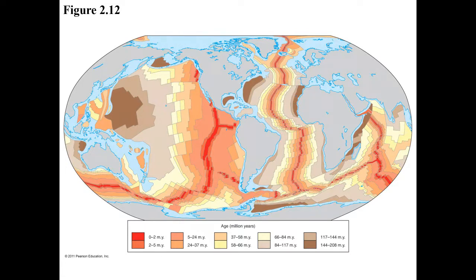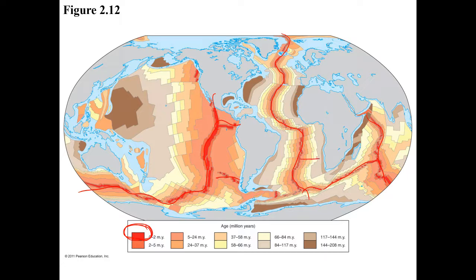So if that makes sense, and we know where our mid-ocean ridge systems are, known in the middle here with the red line, well, sure enough, then we should be able not only to identify where these ridge systems are, but we can actually age them. We can say how old they are. And look at this. Any mid-ocean ridge system is young, between 0 and 2 million years old, because again, that's where new basalt is forming at the center of the mid-ocean ridge system.